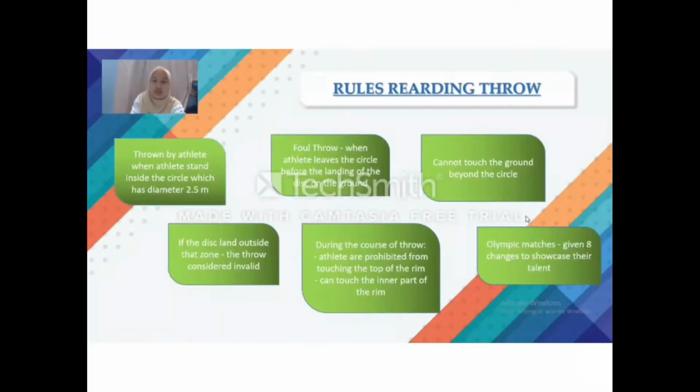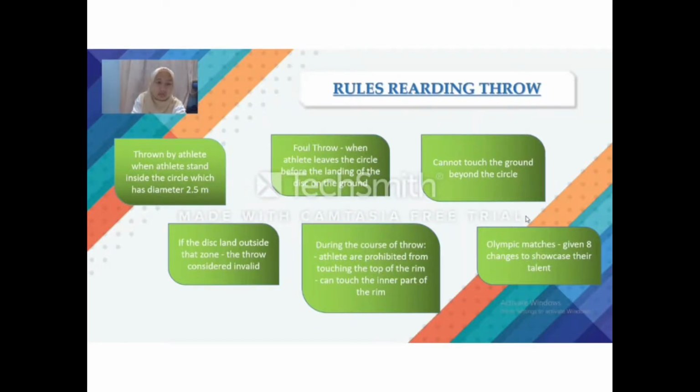Rules regarding the throw. Here are some important rules regarding the throw. The discus can only be thrown by an athlete when the athlete stands inside a circle which has a diameter of 2.5 meters. During the course of the throw, athletes are prohibited from touching the top of the rim. However, they can touch the inner part of the rim.